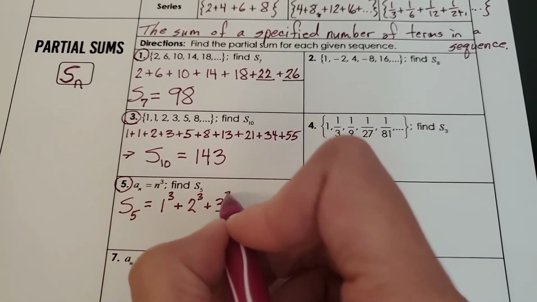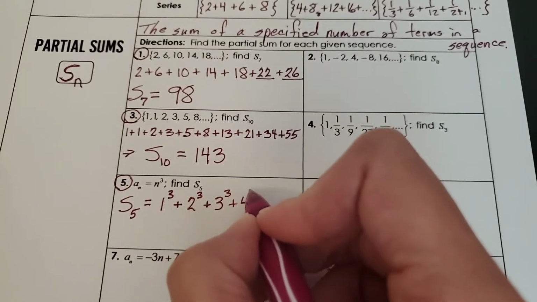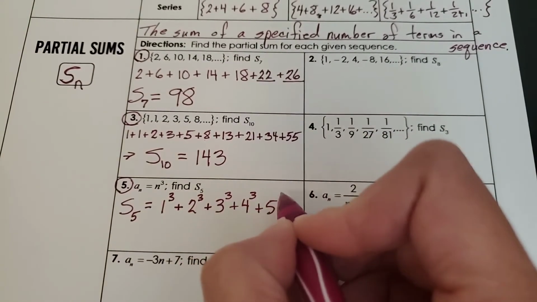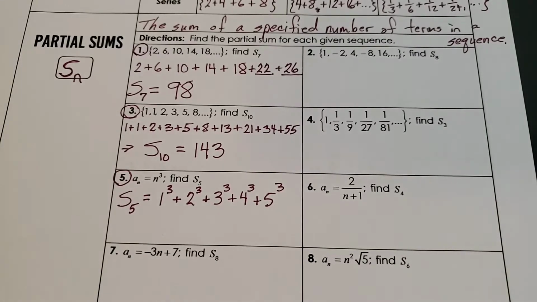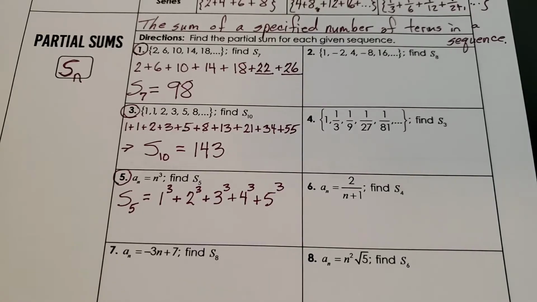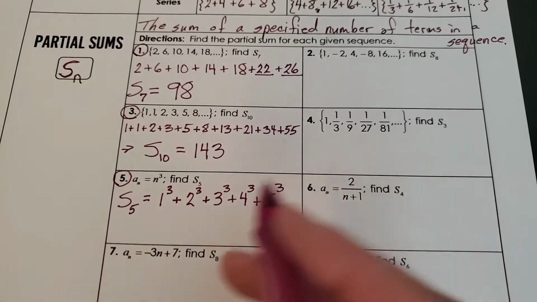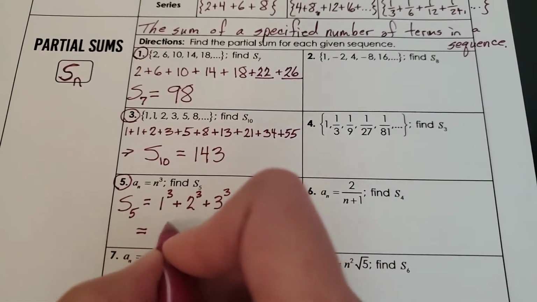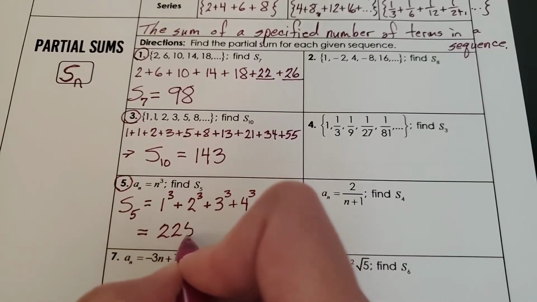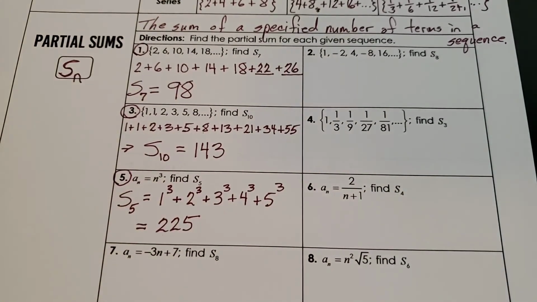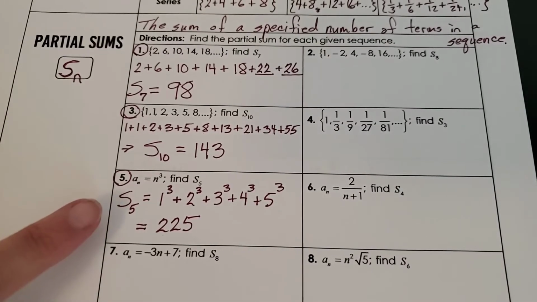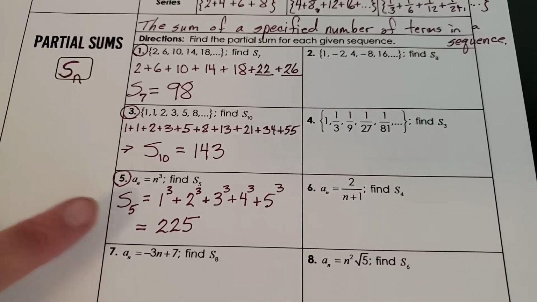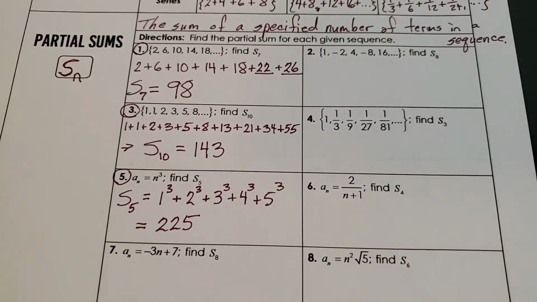And 3 cubed. 4 cubed, and 5 cubed. Now you can simplify those if you like into 1 plus 8 plus 27 plus 64 plus 125, or you can just put it in your calculator just like that. Either way, S sub 5 is going to be 225. Those are partial sums. And so that's one notation for you to see there, capital S sub n.